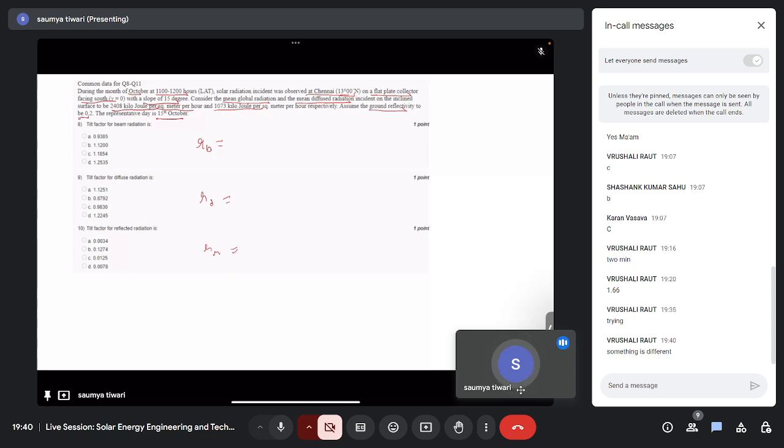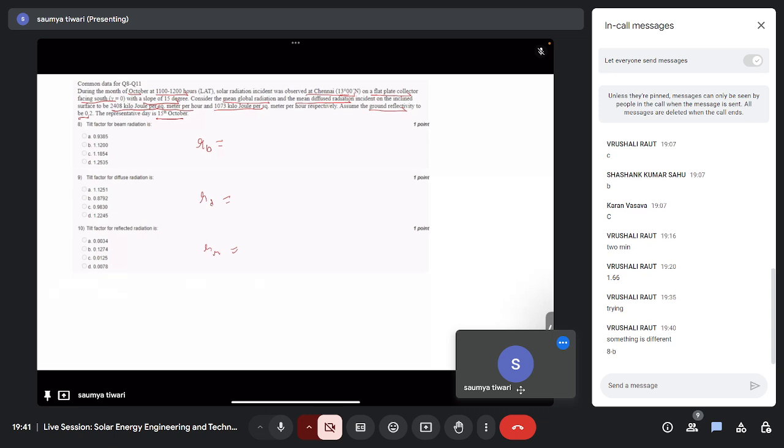If we get something similar to whatever option you see, you can tell me that option also. Sometimes there are some calculation glitches here and there. Okay, 8th B, so you're getting 8th B. Ninth, anybody? Any answers?